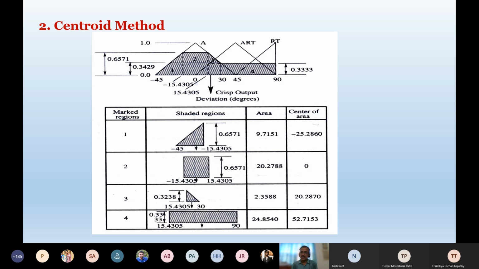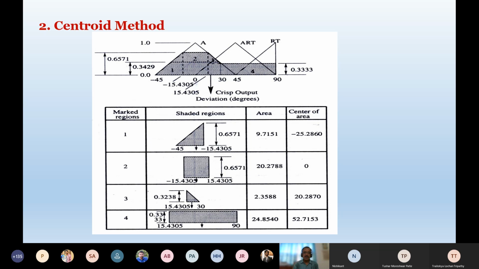Now you go for the centroid method. Once again, the principle I have told. This fuzzified combined output is divided into a large number of small regular subregions. For example, the first one is a right angle triangle, the second one is a rectangle, the third one is a right angle triangle, and the fourth one is another rectangle.